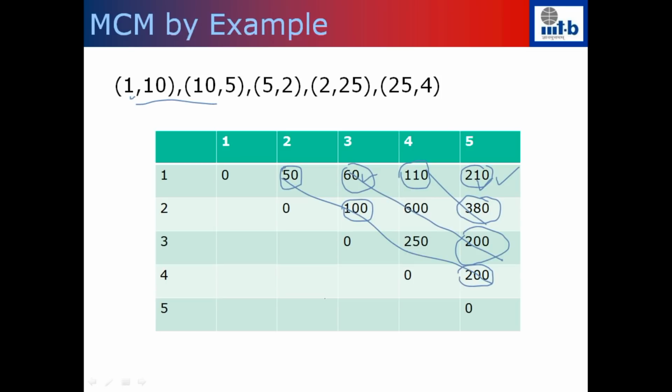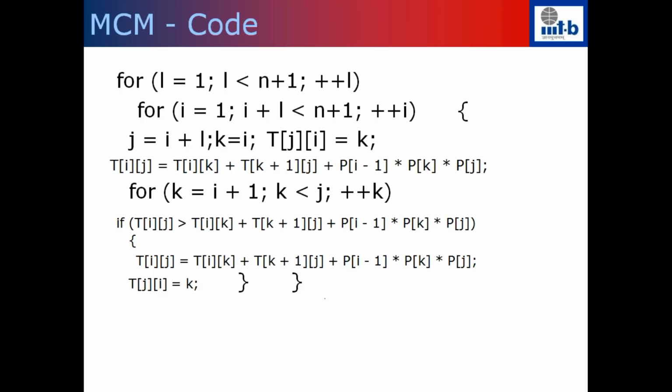Now let's look quickly at the code for this. Instead of m, I am using the table t of i comma j. Initially t of i comma i will be set as 0.